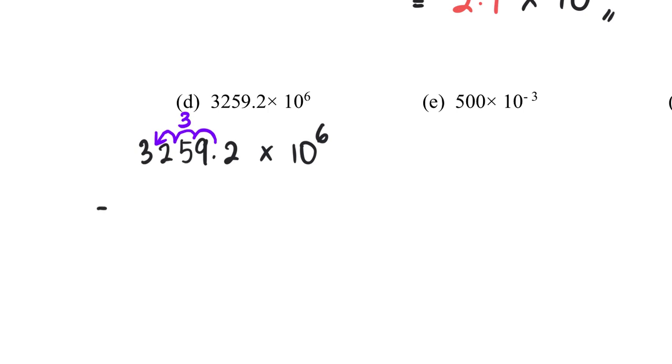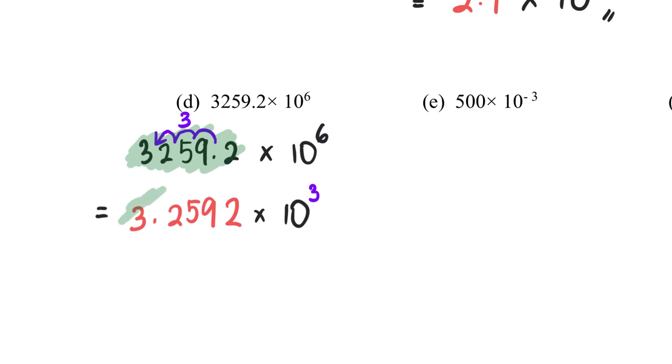You will see Mr. Tan rewrite this as 3.2592 multiplied by 10 to the power of 3. So this number, 3259.2, I have rewritten in standard form.